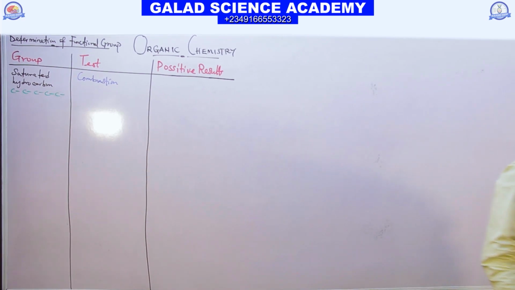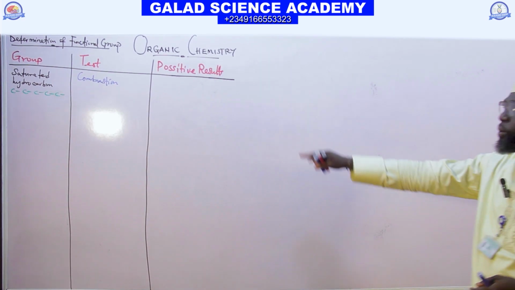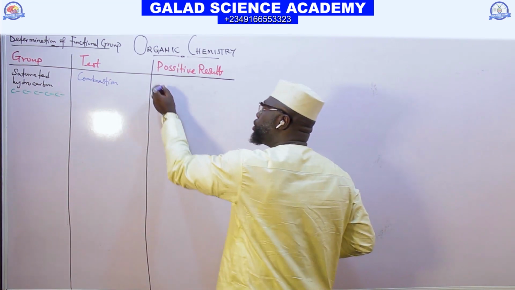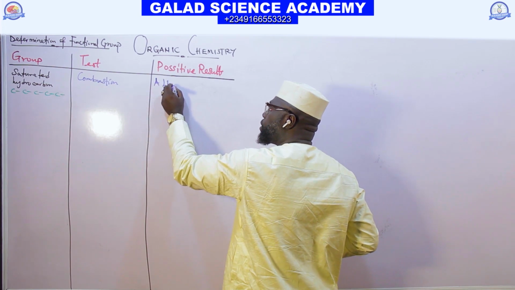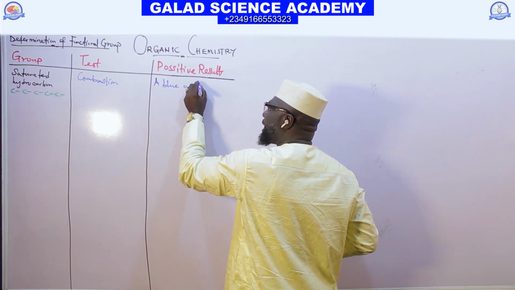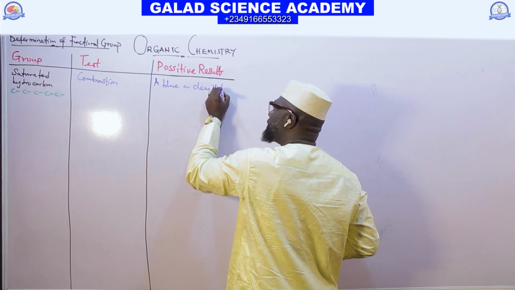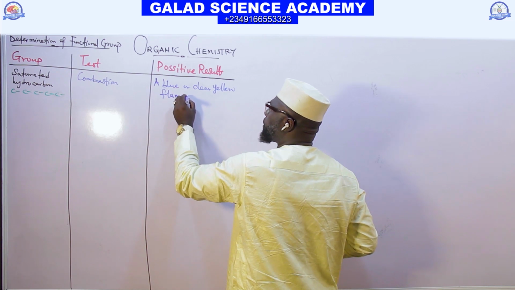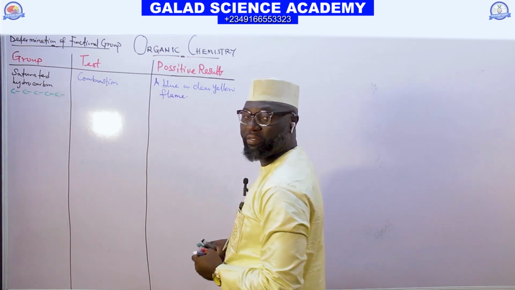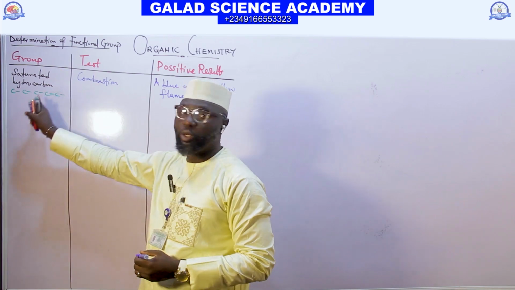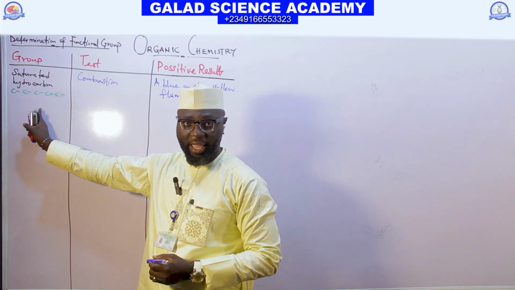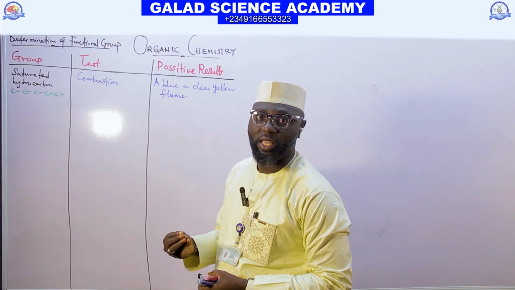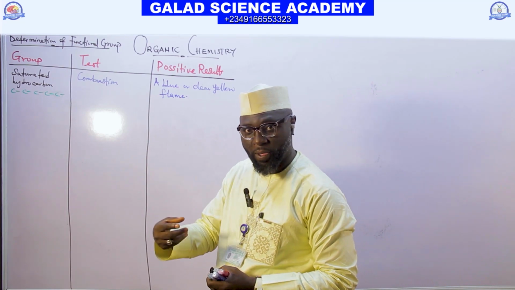When saturated hydrocarbon undergoes combustion reaction, what do we have in the result? The result here will be a blue or a clear yellow flame. Observe, whenever you burn the organic compound here, the flame is not smoky, it is a blue flame.